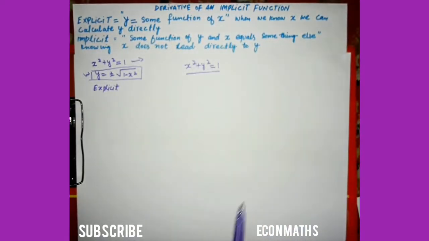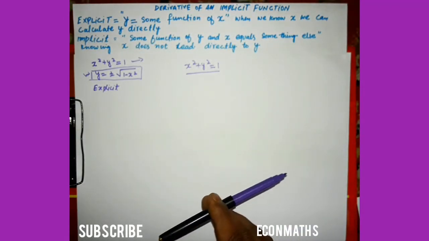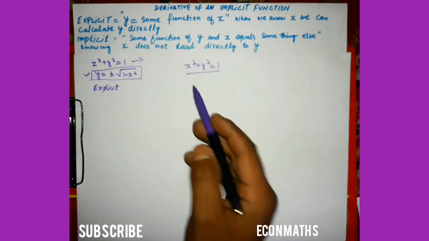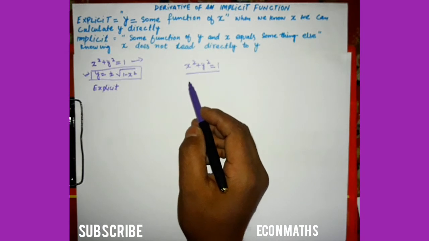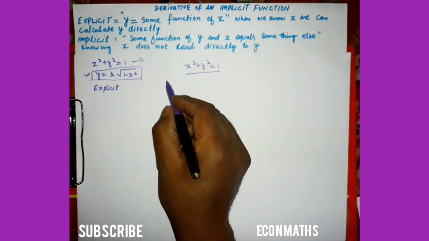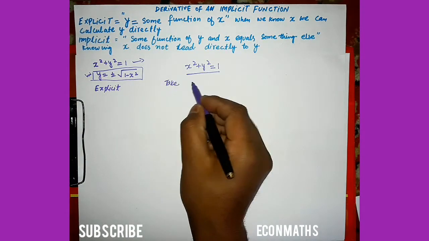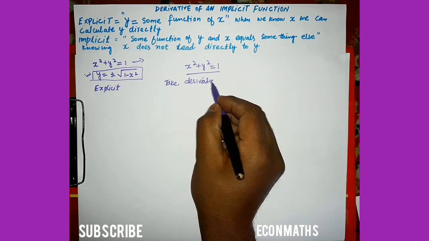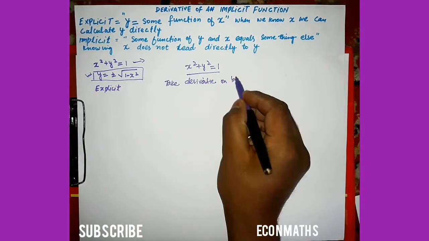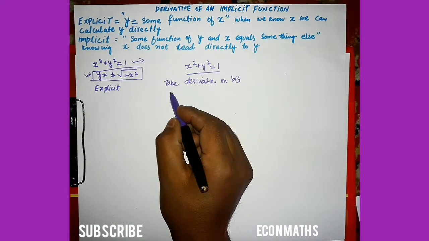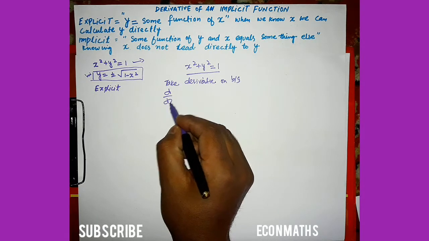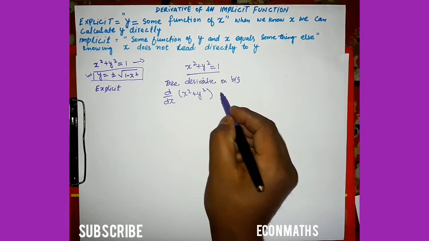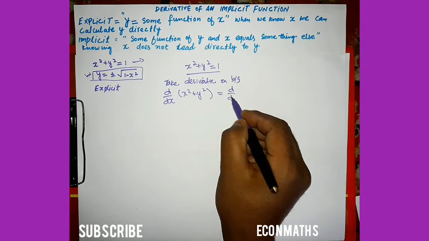So how will we take the derivative of the implicit function? We will see. What we do is take the derivative on both sides of this equation. That is, d by dx of x square plus y square is equal to d by dx of 1.